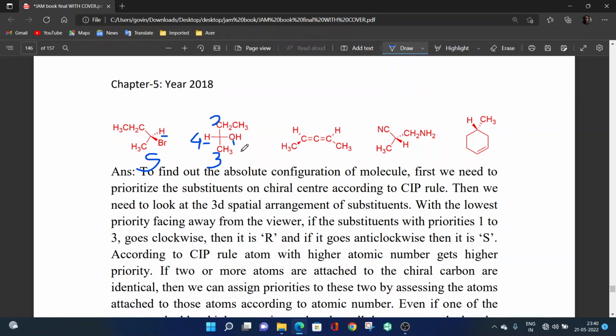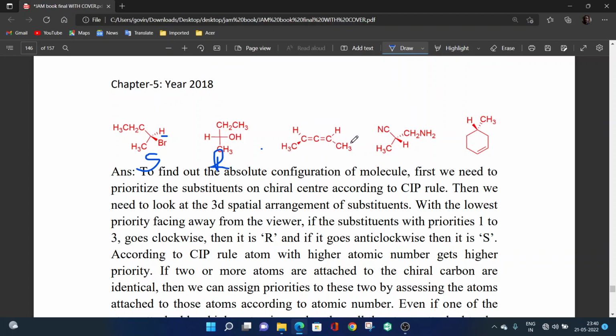So here, first priority, let us look at the spatial arrangement of 1, 2 and 3. It is going anti-clockwise. So it looks like S, but it will be R, because of the rule which we said, because hydrogen is towards the viewer. So this is R.